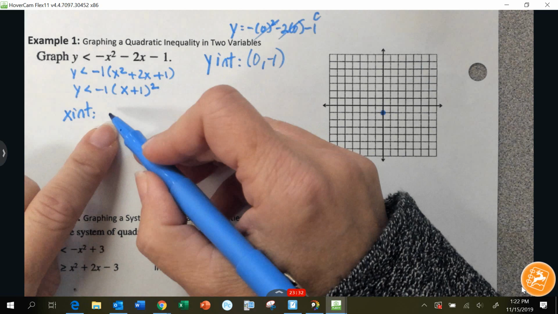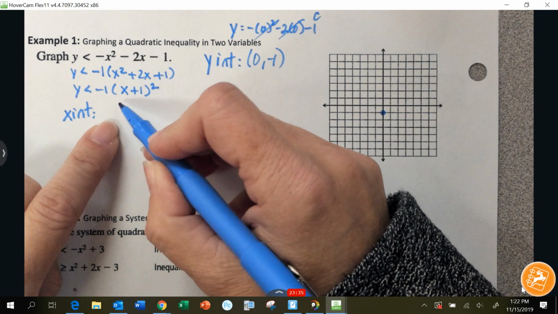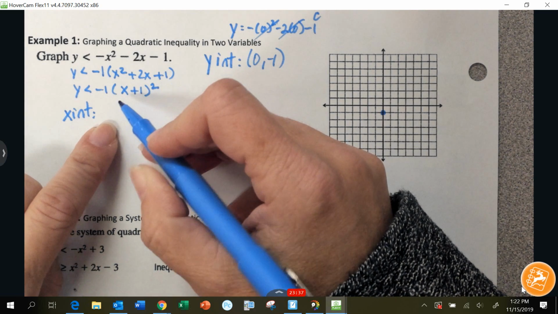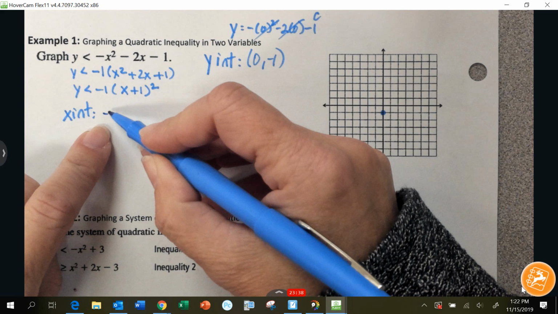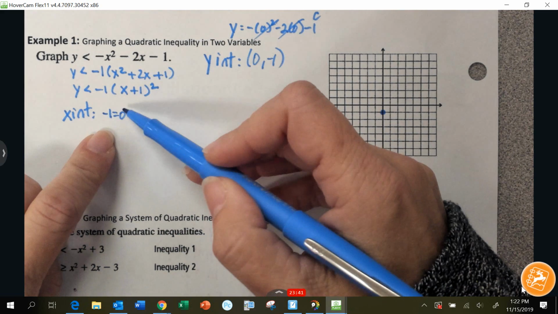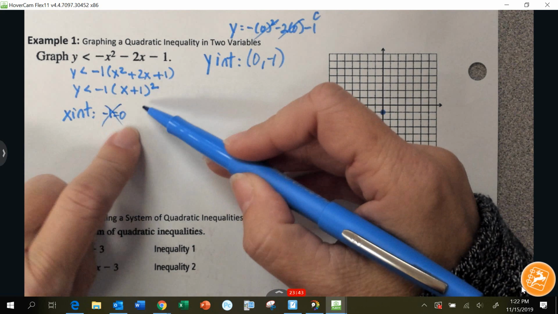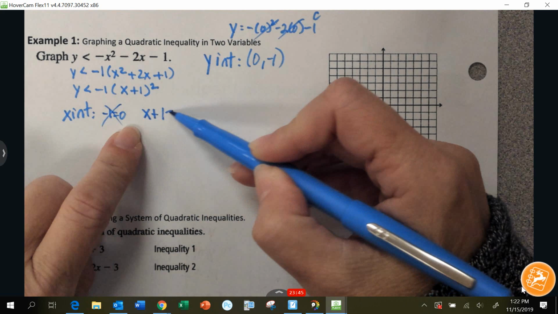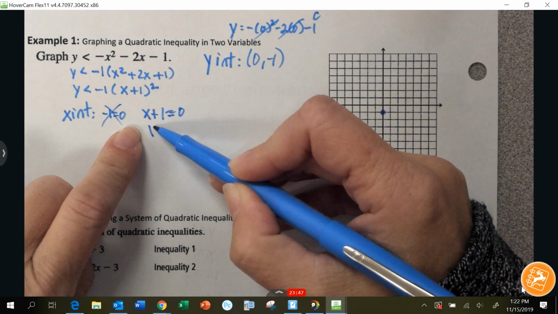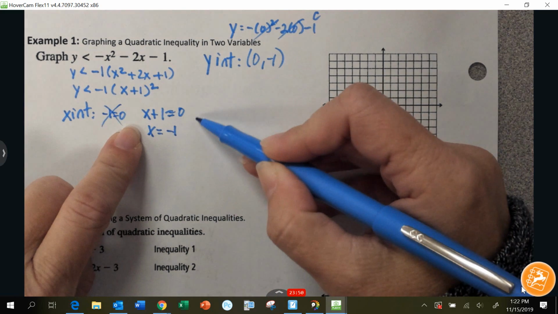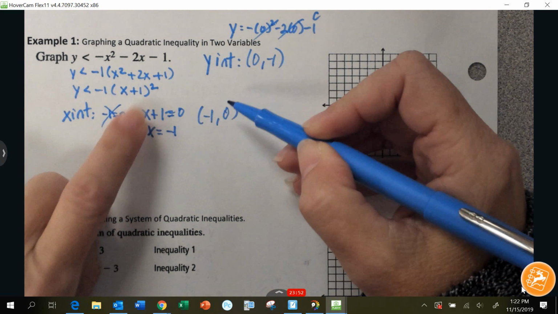Okay, so our x-intercepts, we'd have to solve each factor equal to 0. Negative 1 equals 0, but that doesn't have any x's, so that gives me nothing. x plus 1 equals 0, so where would my x-intercept be at? Negative 1, 0. And then what about the squared?